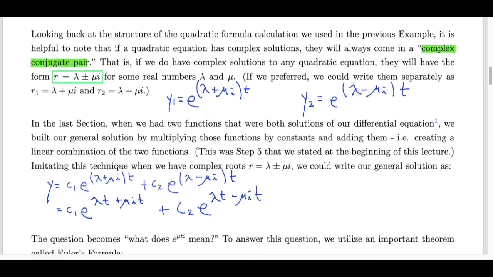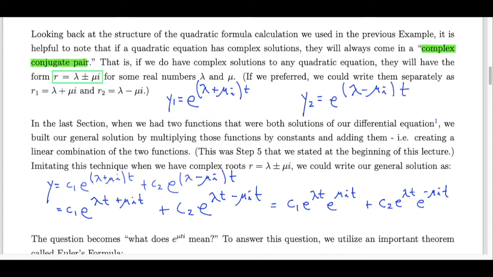Here I've first just distributed the t into each of these sums. And now each of these sums has the form e to a sum of two terms that are added, or in this case subtracted. It's equivalent to addition. If you remember, by rules of exponents, I could rewrite that as two separate exponentials that are multiplied by each other. This is what that looks like.